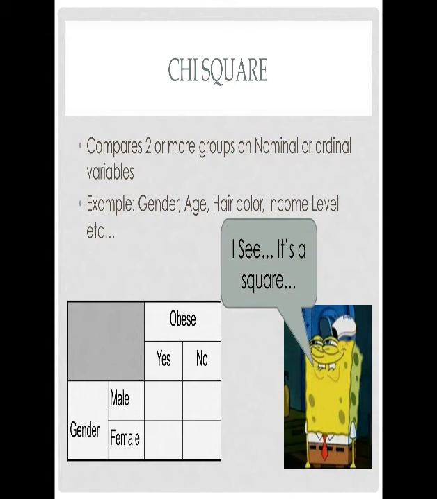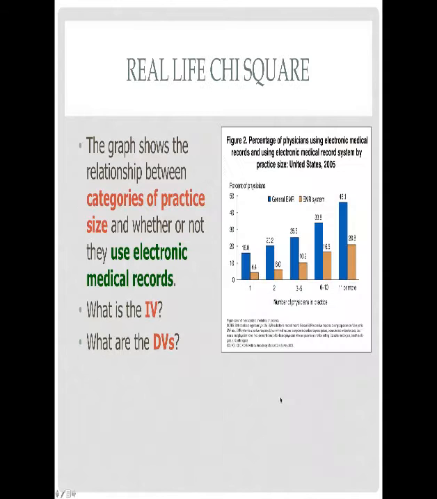So as SpongeBob says here, his is a square, and it is a square, okay? But this square that you're going to see here, we actually call the cross-tabulation table, okay? So this is the proper name. So this is the cross-tab table.